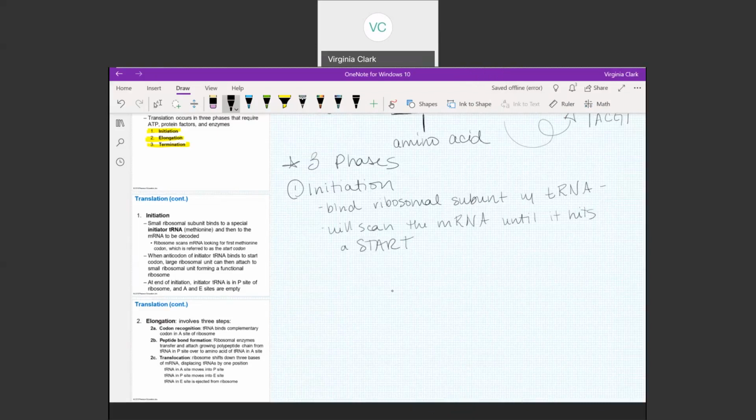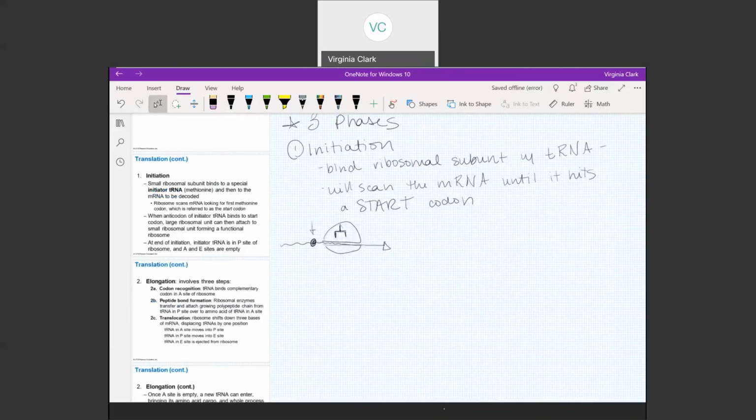So when it hits a start codon on the mRNA, that way it knows to start. This is what's going to happen. This ribosomal subunit, which looks like this, is going to have your tRNA hanging out in the middle right here, and you're going to have your mRNA go through. This is going to keep going through until you hit a start. And once you get to that start, then you will actually start the process. Okay, then you're going to go through phase 2, which is going to be elongation.